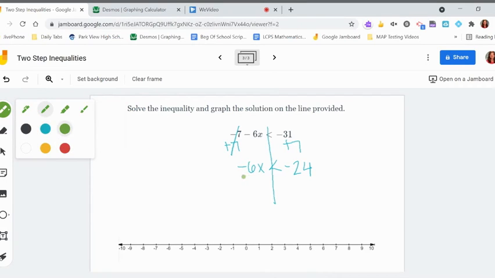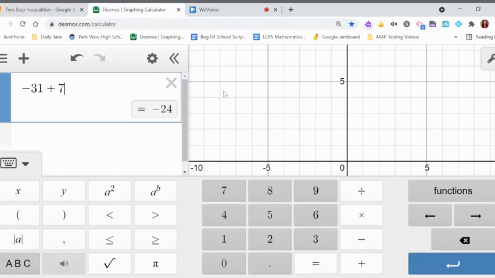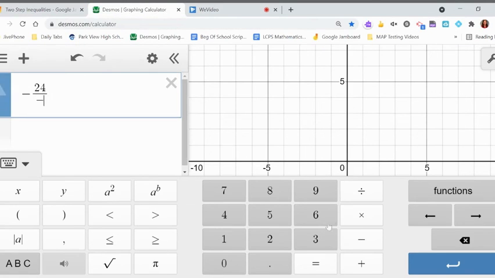My second step is going to be to divide. And notice here I'm dividing by a negative number again. We divide by that negative, so I'm going to go ahead and flip my sign. Less than becomes greater than. Negative 24 divided by negative 6 is positive 4.